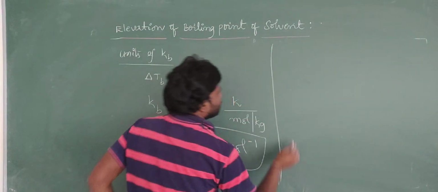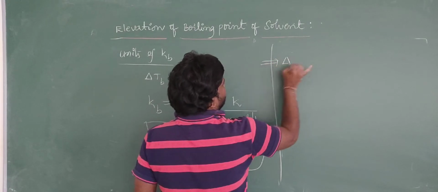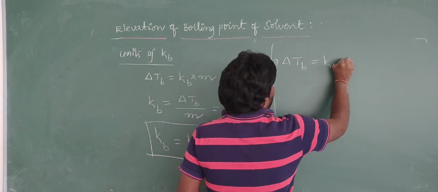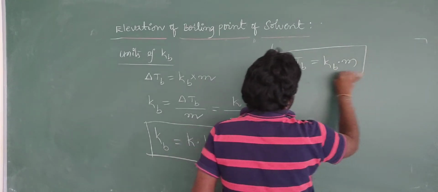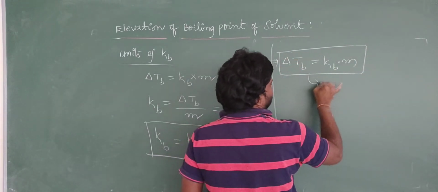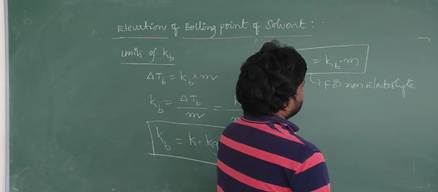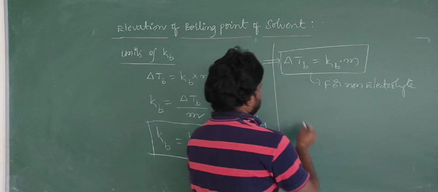Now come to here. Delta TB is equal to Kb into molality. This equation is for non-electrolytes.